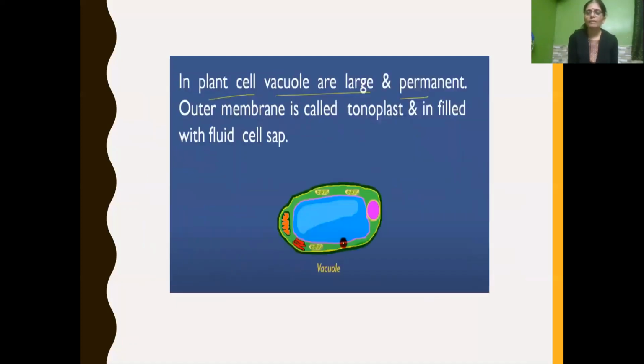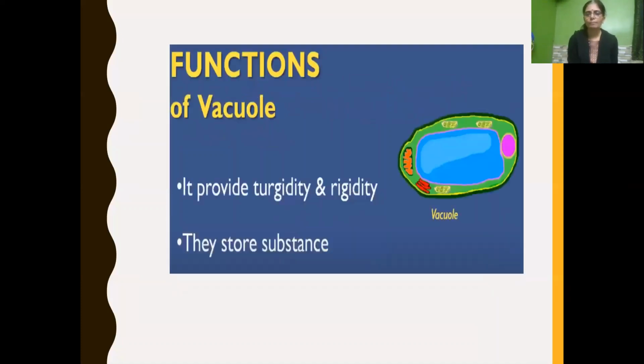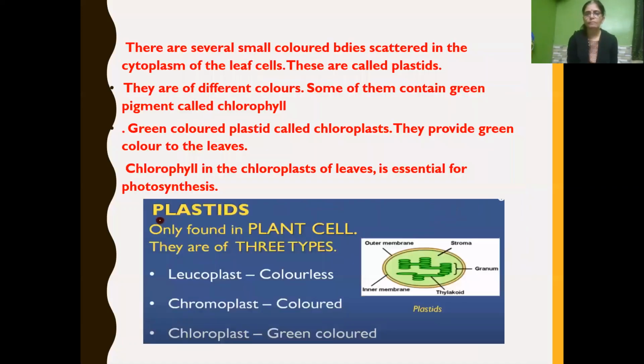In a plant cell, vacuoles are large and permanent, and the outer membrane of the vacuole is called the tonoplast, and the vacuole is filled with fluid called cell sap. Then what are the functions of the vacuole? Vacuoles provide turgidity and rigidity, and they also store substances.